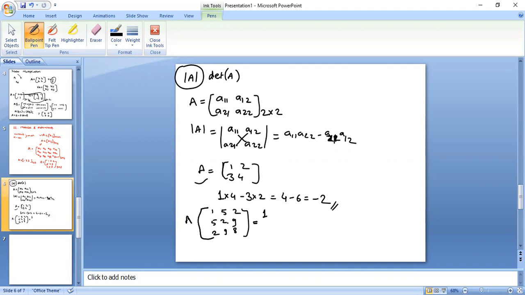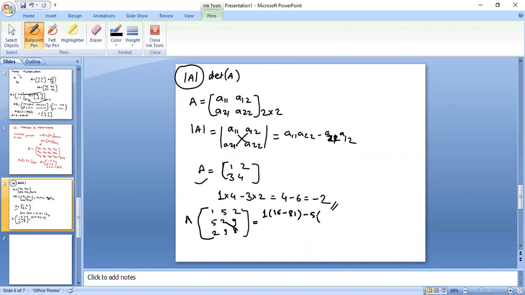This is the first, then you have to cross multiply. 2 into 8 is 16, minus 9 into 9 is 81. Okay, next is 5. Minus 5, you have to cross multiply 5 into 8.